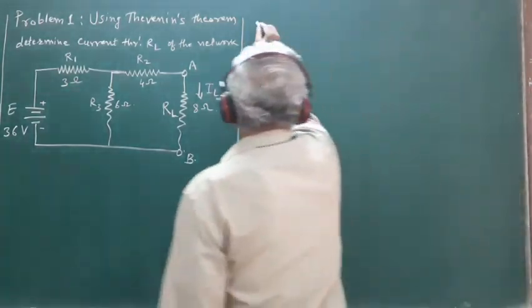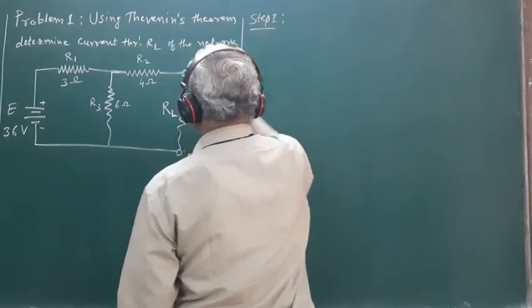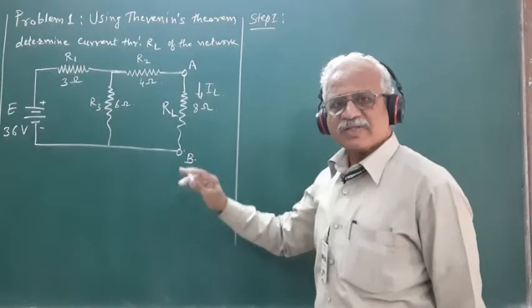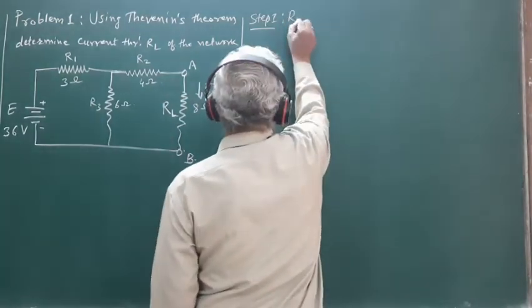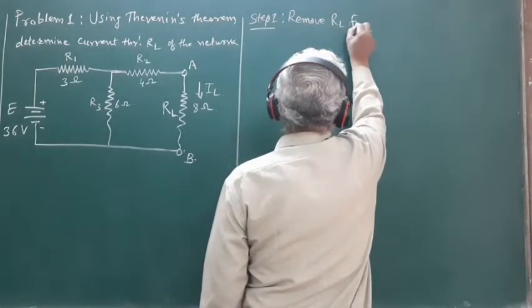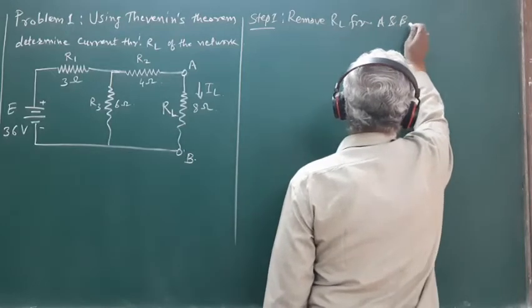In the first step, we have to remove the load resistance from the terminals A and B such that the terminals A and B are open circuited. Remove RL from A and B.